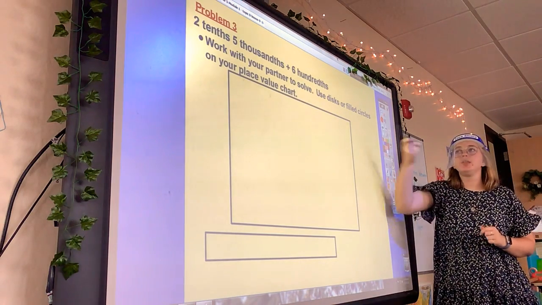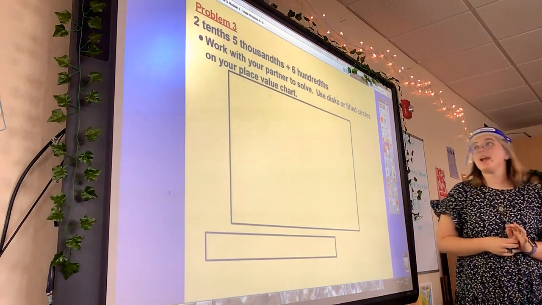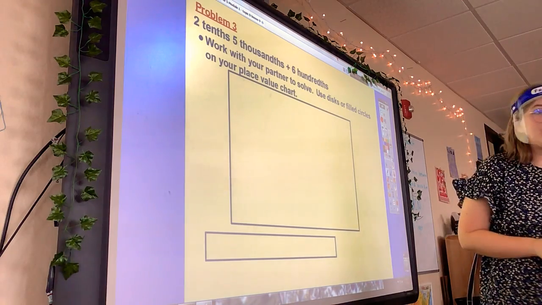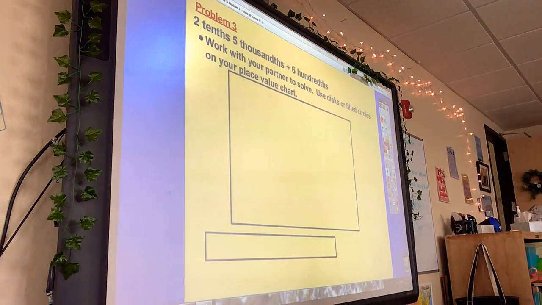If you could put this on your whiteboard, please: 2 tenths, 5 thousandths, and then add the 6 hundredths. You're going to try this one on your own. Do 2 tenths and 5 thousandths plus 6 hundredths. Go ahead and do it on your own on your whiteboard.